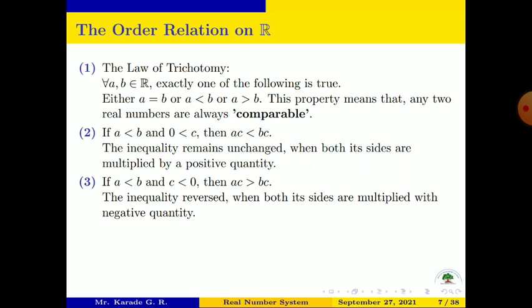So let us take any three numbers a, b, c such that a is less than b and c is a number less than 0. You can take any particular numbers as examples, because this property is true in general, so it is true for particular numbers also.